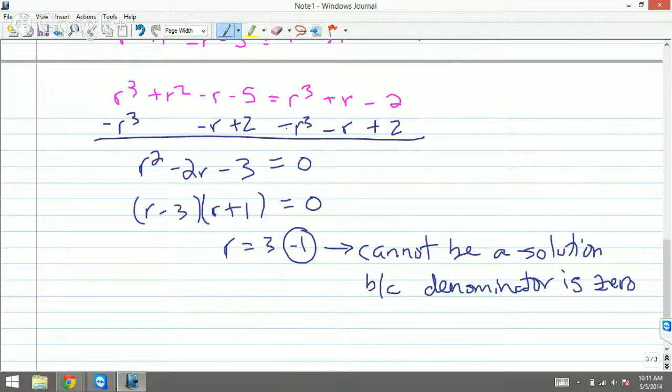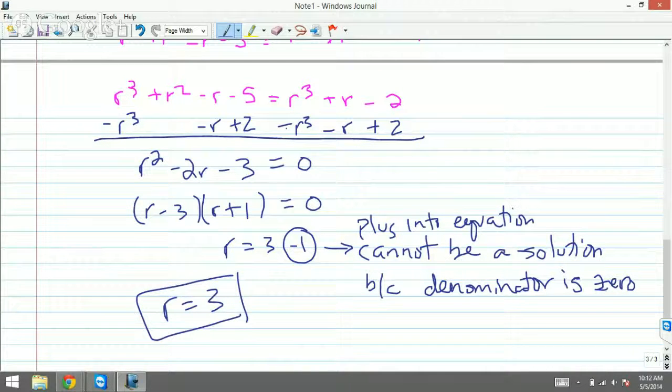If you plug it into the equation, it cannot be a solution because the denominator is 0. Right, so your solution is just 3. You do have to check.